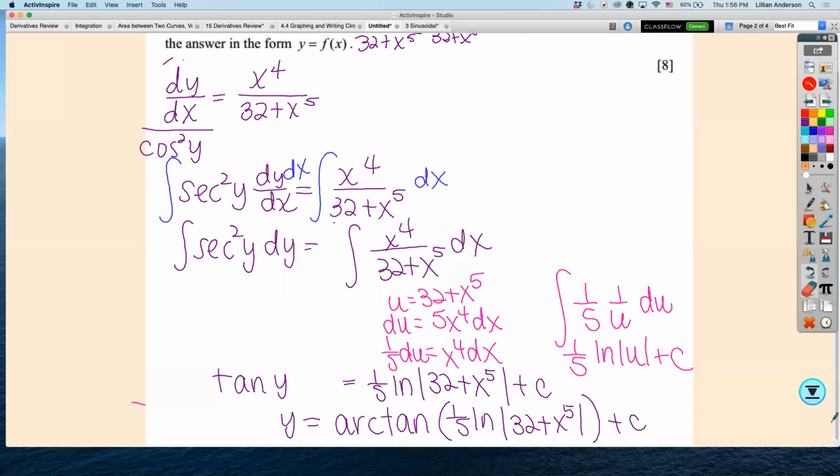So I'm going to use this open space right here, and I'm going to plug in 0 for y. Now I have arctangent, or tangent inverse, of 1/5 ln 32, plus c. What is that?